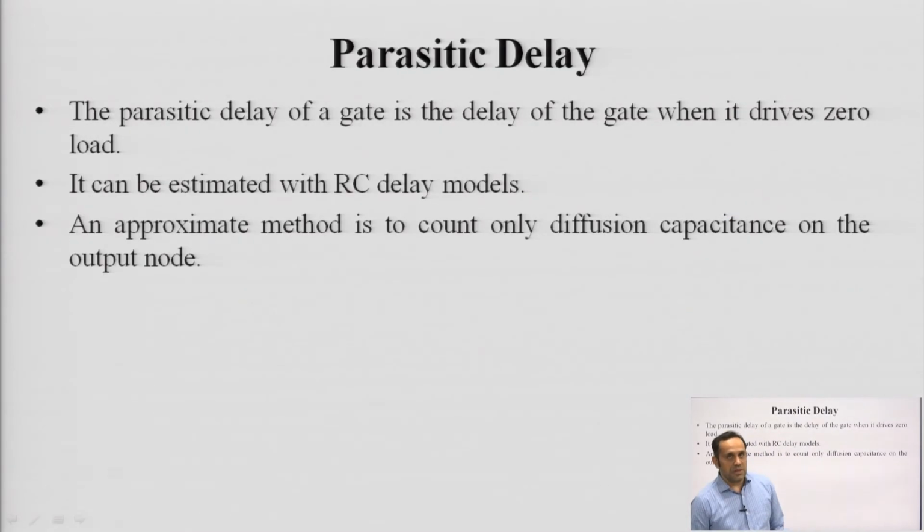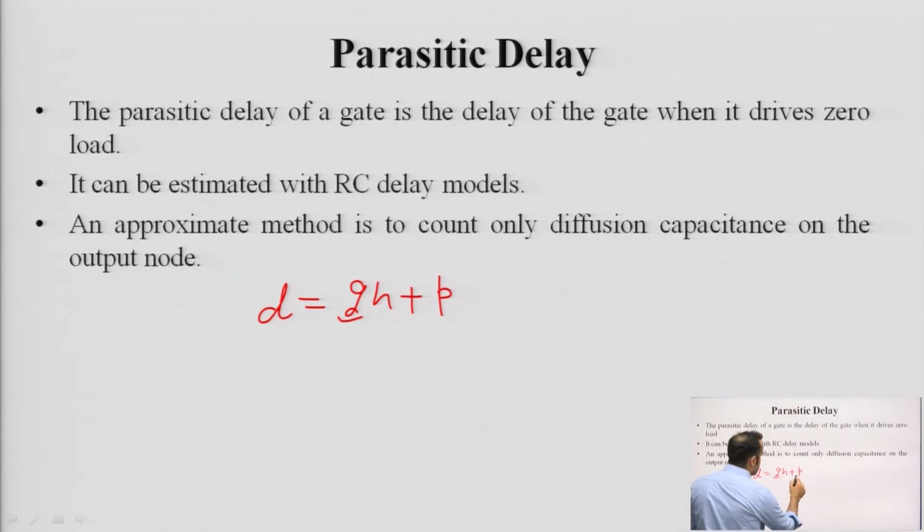Let us proceed to the other component in the normalized delay. If you remember the equation, normalized delay is G dot H plus P. We have seen what G is, we now need to understand what parasitic delay is. Parasitic delay is the delay of the gate when the load is disconnected.